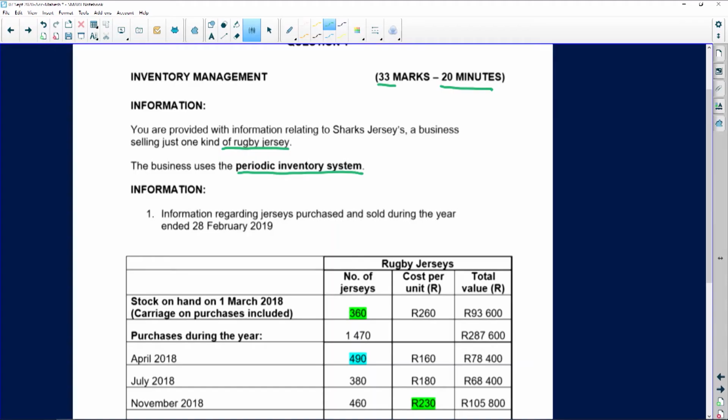But when we talk about stock valuation, we are now referring to how closing stock is valued in your balance sheet. Okay, so don't confuse the two. Periodic inventory system looks at the movement of stock and how we record that particular movement.